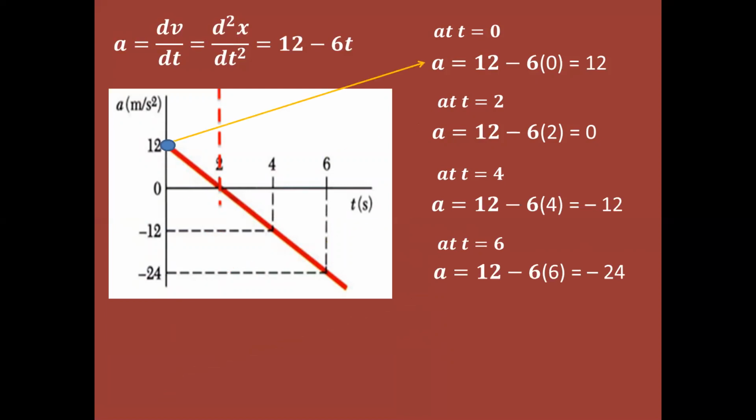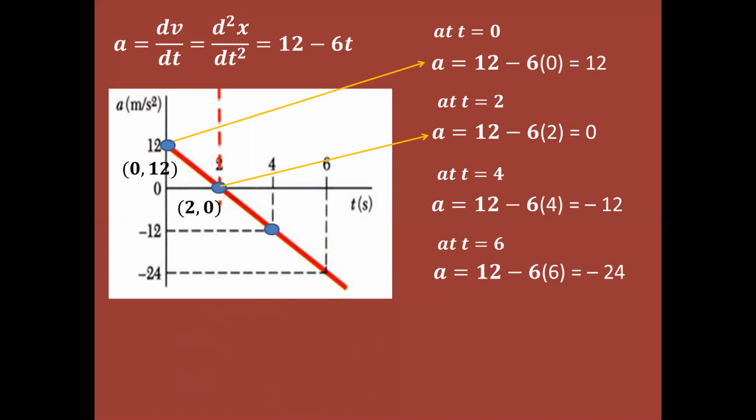By using the time of 0 second, we have calculated an acceleration of 12 meters per second squared. That's why we have our coordinate as 0 and 12. Next coordinate, time of 2 seconds, we have calculated an acceleration value of 0. That's why our coordinates are 2 and 0.